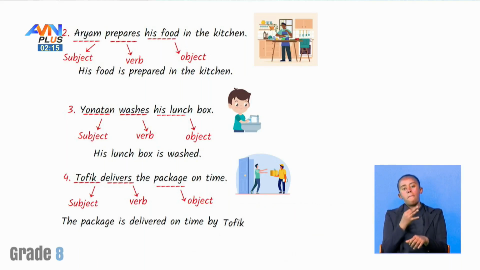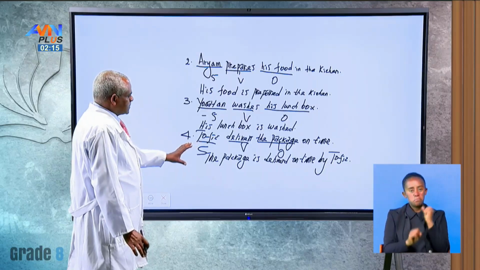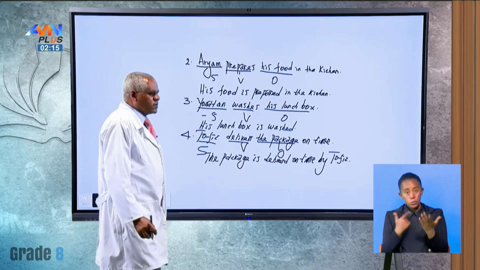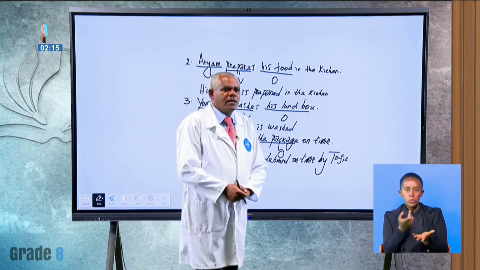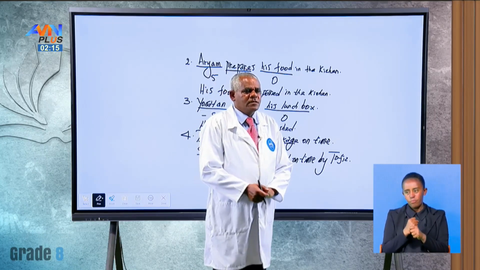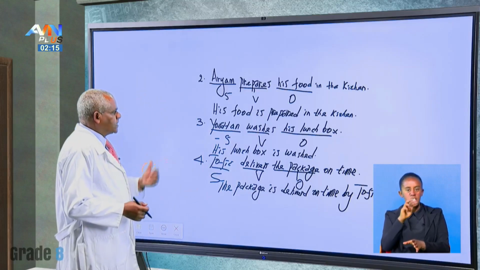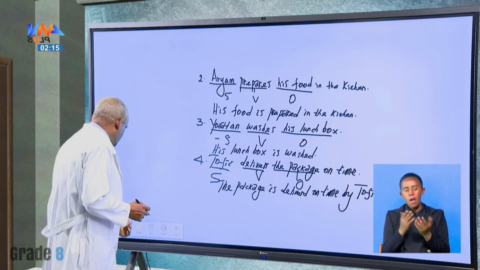By whom? By Tawfiq. These are the forms. So, while you are talking about an action performed by someone, don't forget that you use passive present tenses. Now, let me give you some questions.